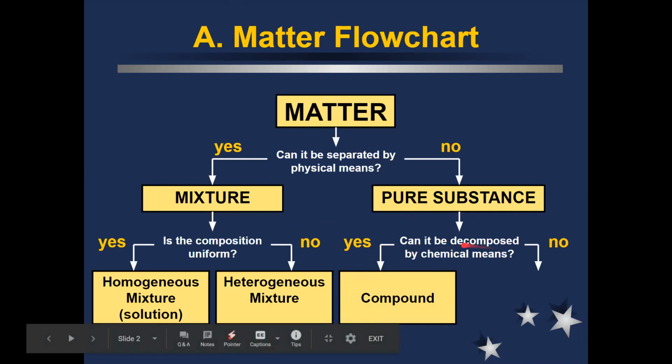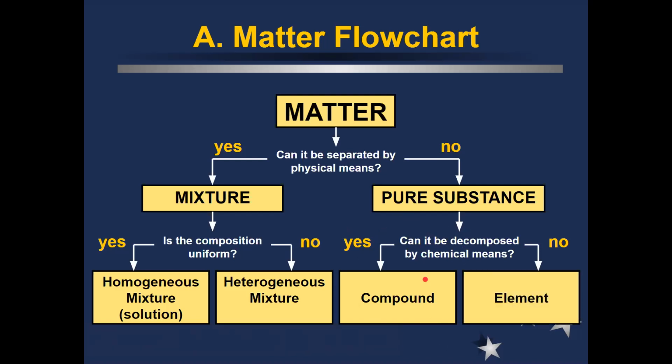Being decomposed by chemical means essentially just means, does it have different atoms in it that we could do some sort of reaction to separate? If it does, it's called a compound. If it doesn't, if there's only one single type of atom present and that's it, then it is an element.